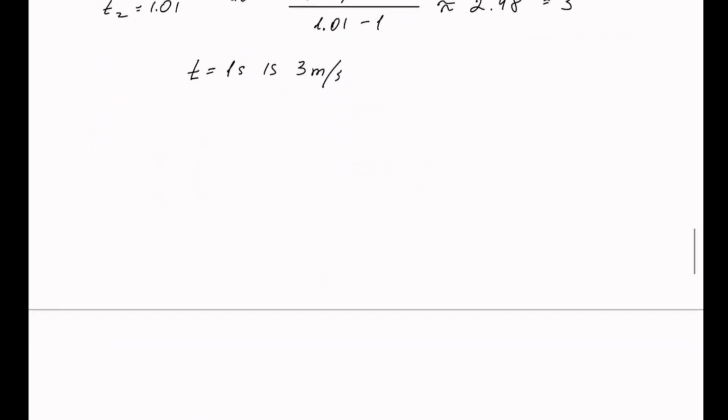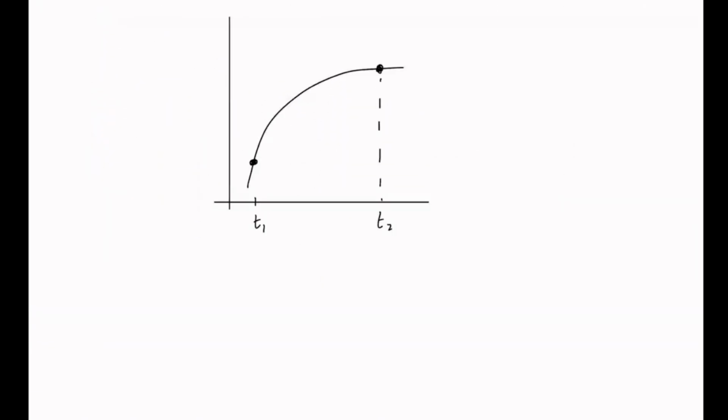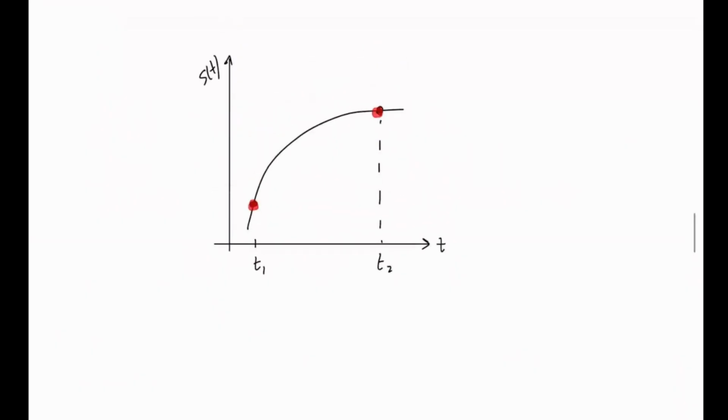So again, to reiterate, we have 2 points, one is T1, another one is T2. When we draw a secant line, the slope is this one, right? So let me draw a line. This is my first slope, or V average, between these 2 points.